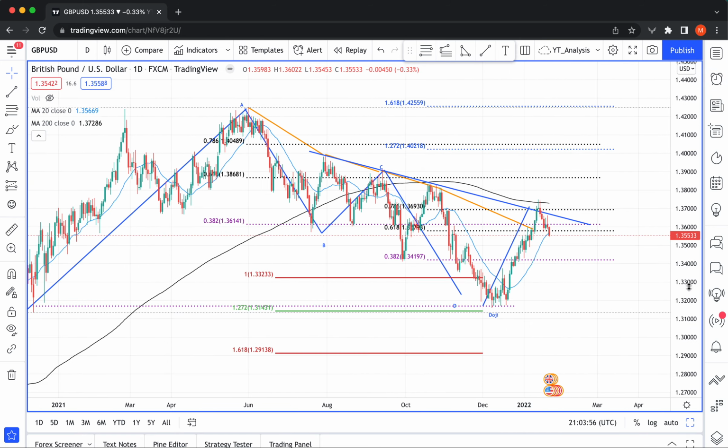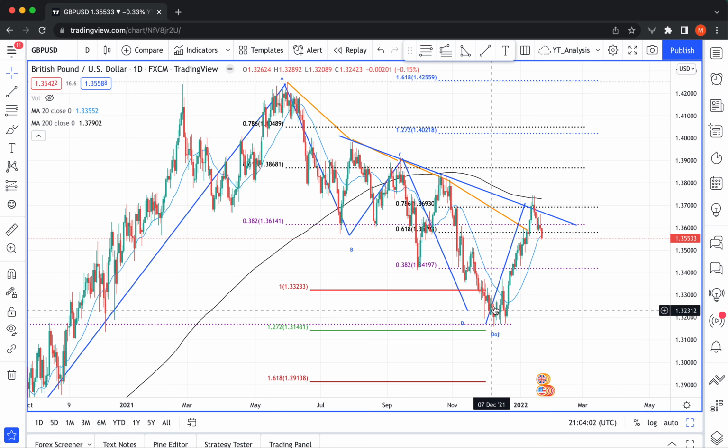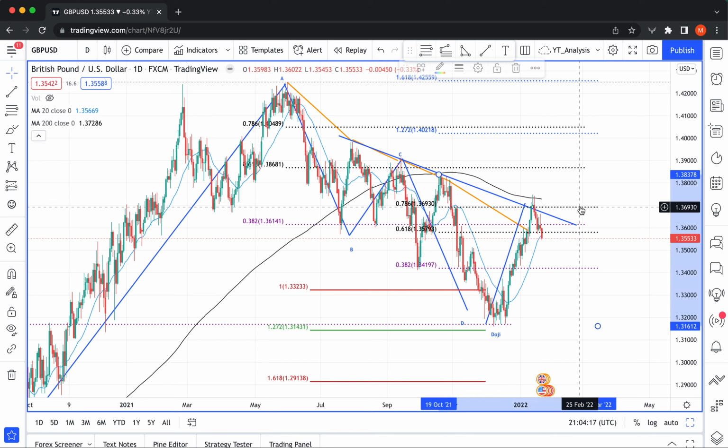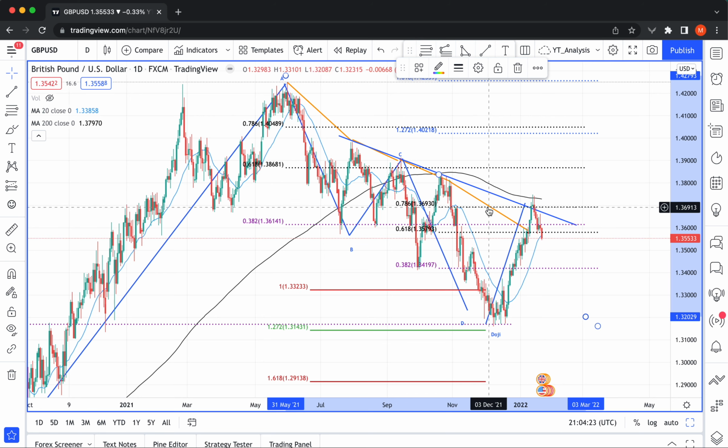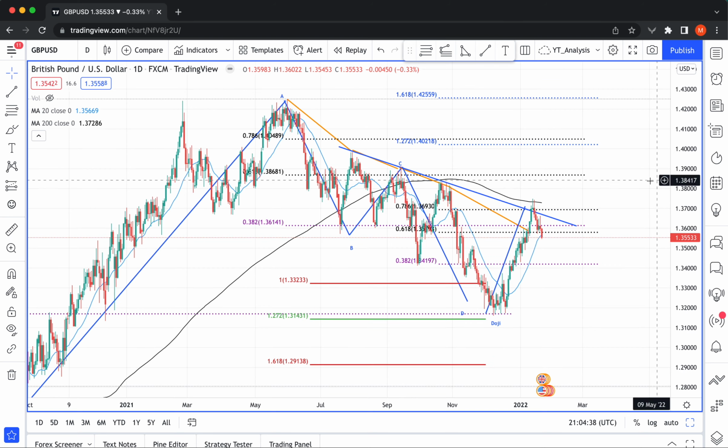Okay, so the GBP USD is actually an interesting one because, as we had discussed previously, we were looking for the price to actually reach this level around 1.37 roughly, because it was the 78.6% retracement of this move, and also here the 200-day moving average was coming right above this level of 1.37, and we were anticipating for the price to move lower, and this is exactly what happened.